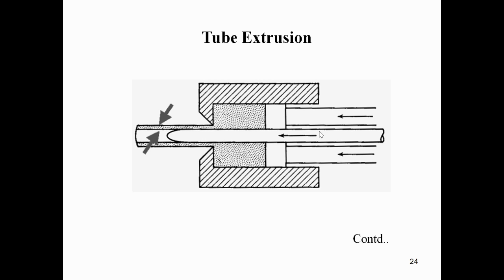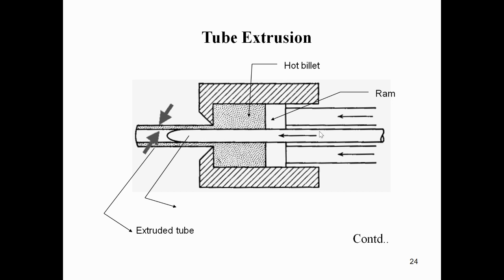Here we can see the line diagram of tube extrusion. You can see the parts: hot billet, ram, extruded tube, and mandrel.